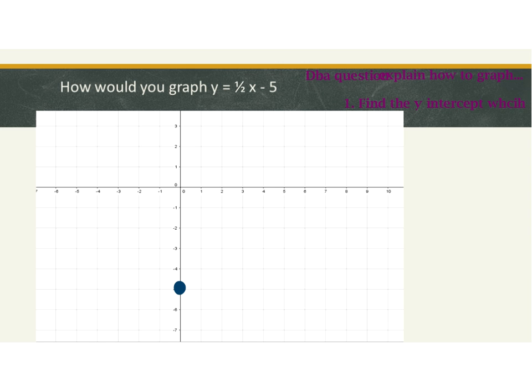find the y-intercept, which is 0, -5, sorry.